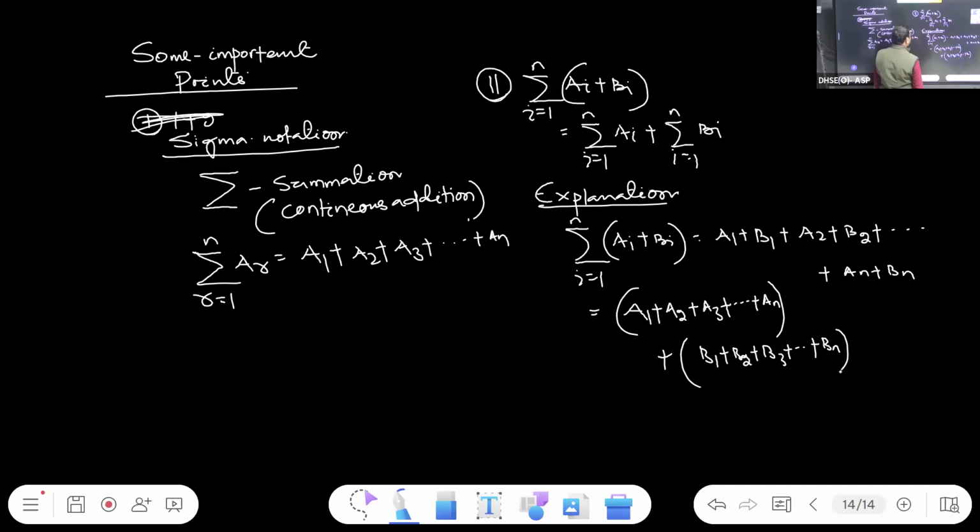This is equal to sigma i equals 1 to n ai plus sigma i equals 1 to n bi. Okay.